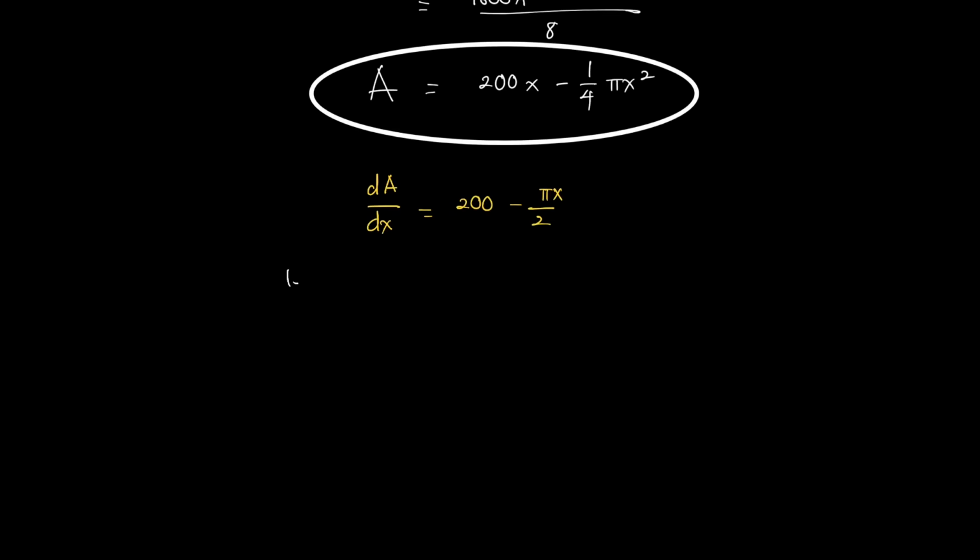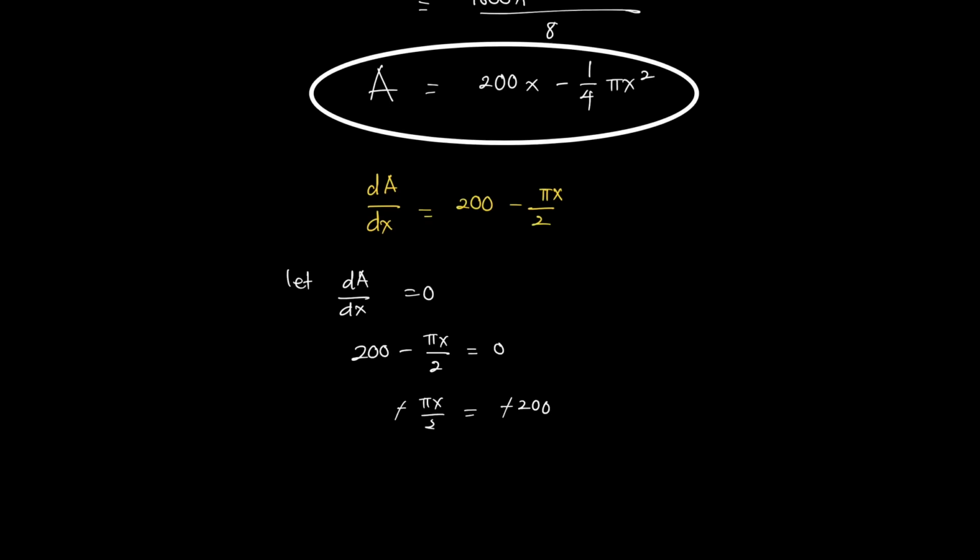Then we need to let dA/dx equal 0. 200 minus pi x over 2 equals 0. Then we bring that 200 to the right hand side. It becomes negative. Then we can cancel out both of these negatives.